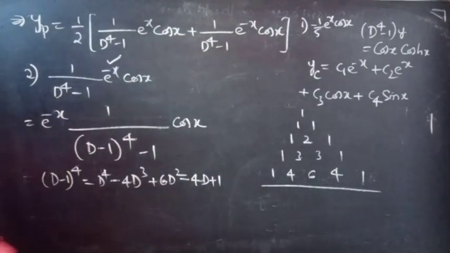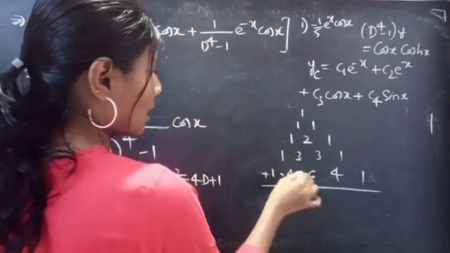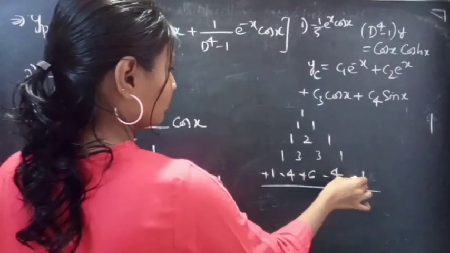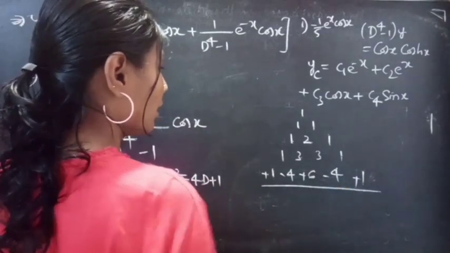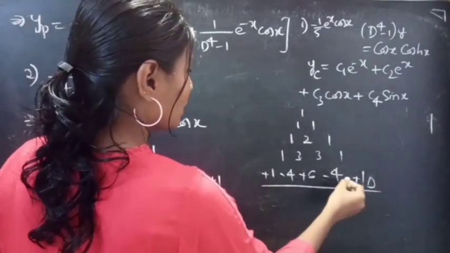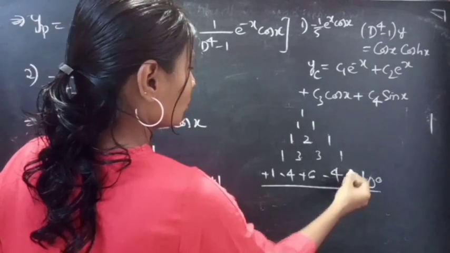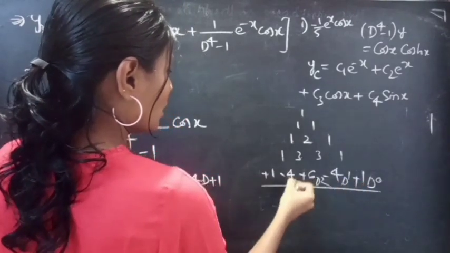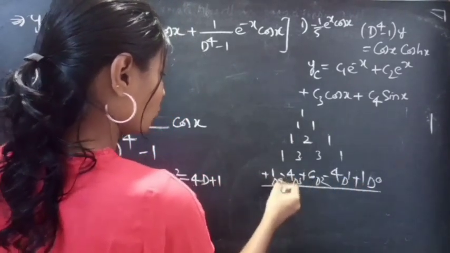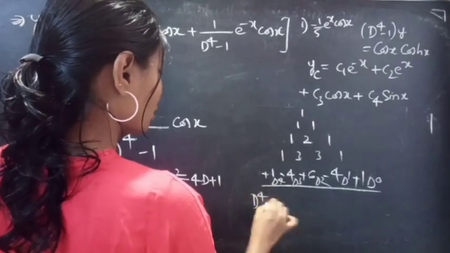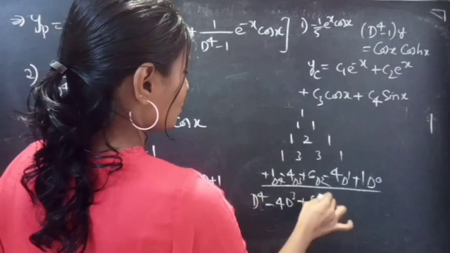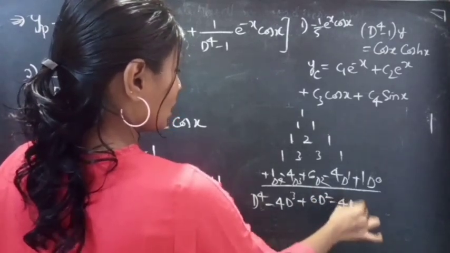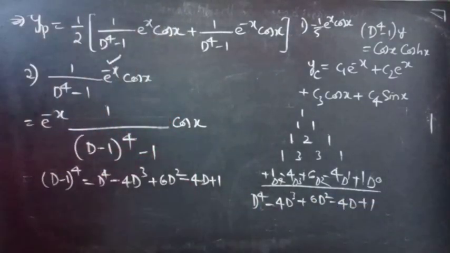We have minus, so let's choose alternative signs. Okay, we'll place signs alternatively and place d's properly. D power 0, d power 1, d square, d cube, d power 4. 1 into d power 4 is d power 4. Minus 4 into d cube is minus 4d cube plus 6d square minus 4d plus 1. Right? We'll get the same thing.